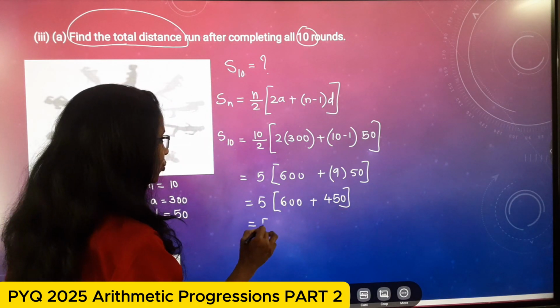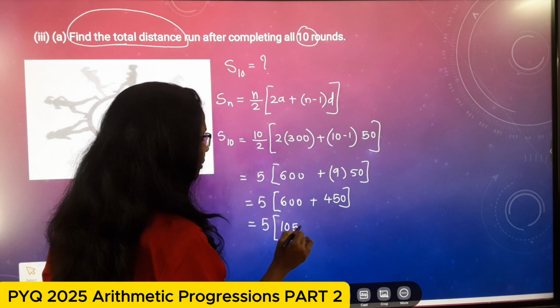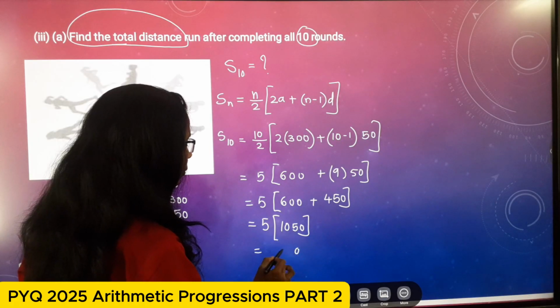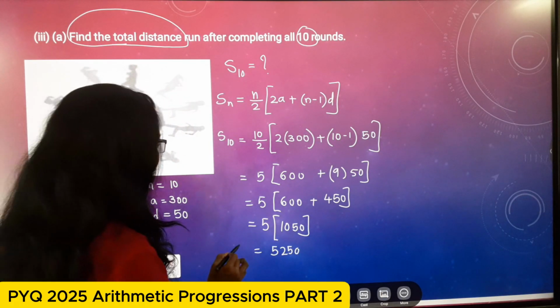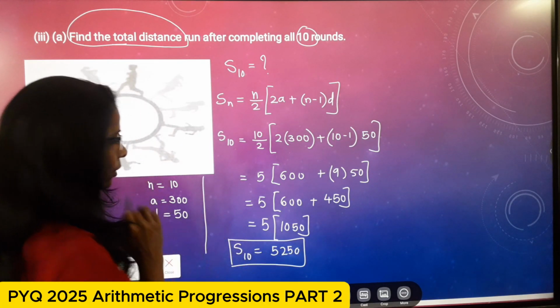Then 5 multiplied by 1050 gives 5250. So S10 is equal to 5250.